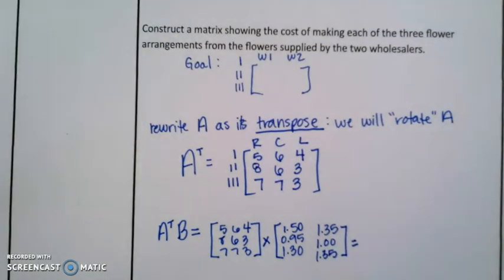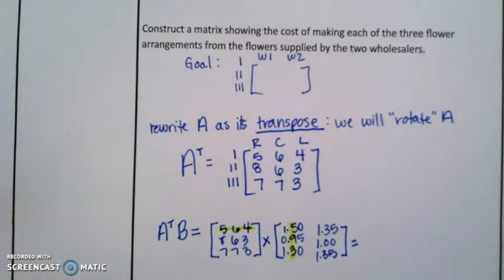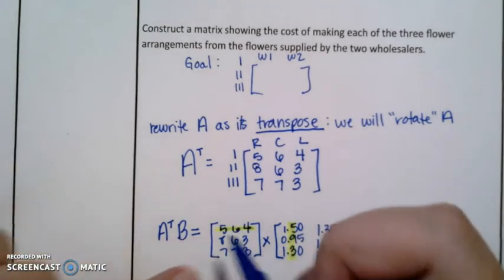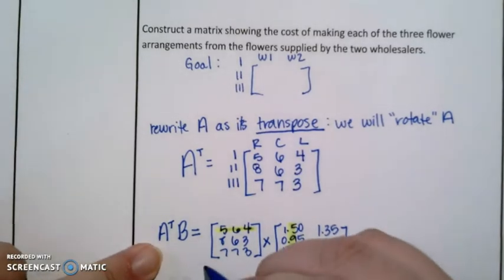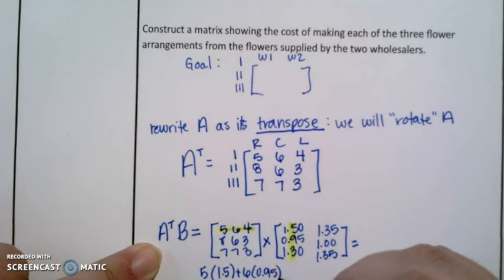Okay, and remember, when we're multiplying matrices, you have to do across and down. So we would take, I'm going to do the scratch work on the side, 5 times 1.5 plus 6 times 0.95 plus 4 times 1.3.